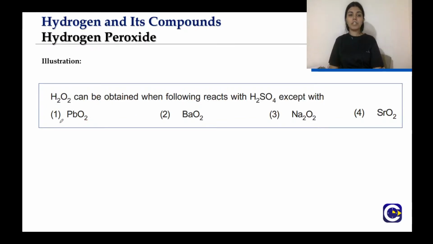Now answer this question. H2O2 can be obtained when the following react with H2SO4, except with. That means which one of the following will not react with H2SO4 to give H2O2.